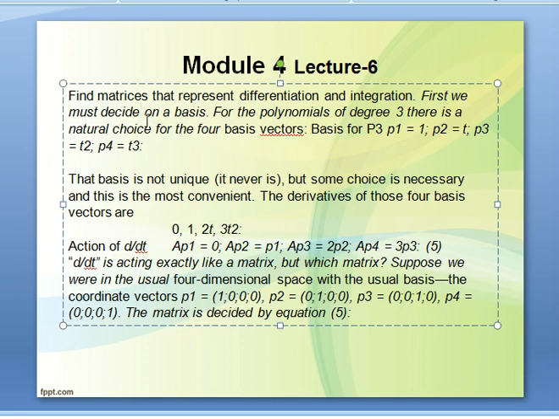Now first we decide the basis here. We need to know how many vectors there should be, what the order of our vectors should be, whether it should be R2, R3 or Rn. Now for a polynomial of degree 3, there is a natural choice for the 4 basis vectors.